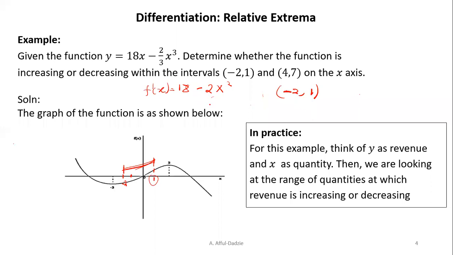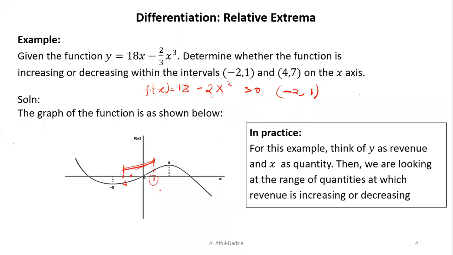And once you have done that, if what you get is greater than 0 for all the values between minus 2 and 1, then we can easily tell that the function is increasing there. If not all the values are, then you know you're not increasing.